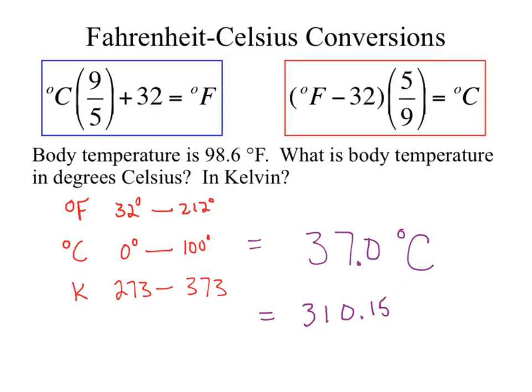If you write 0.15, what did you do? You added significant digits. We had 37.0, and we had 273.15. You add that up, you definitely get that number. How many sig figs are you allowed to carry through? 3. What do you round that?